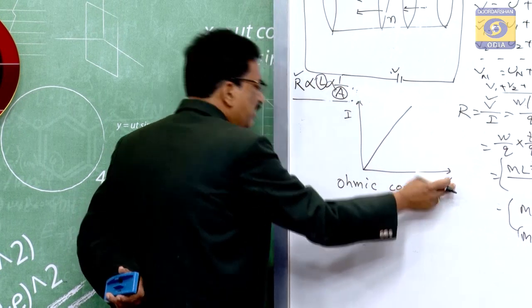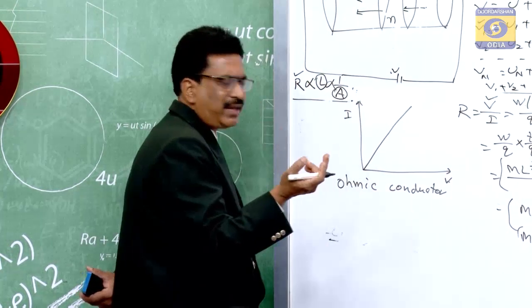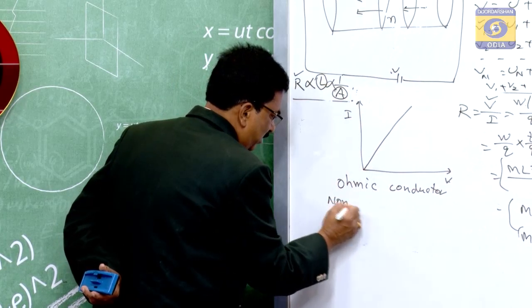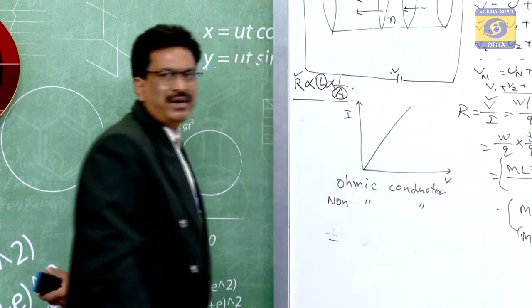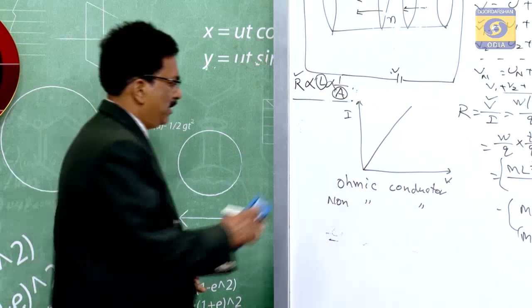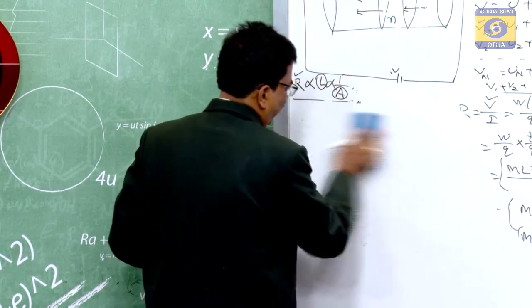And on increasing V, if I does increase, but not in the same proportion, then that is known as a non-ohmic conductor. So, this is the ohmic conductor and the non-ohmic conductor. So, this is the graphical form.